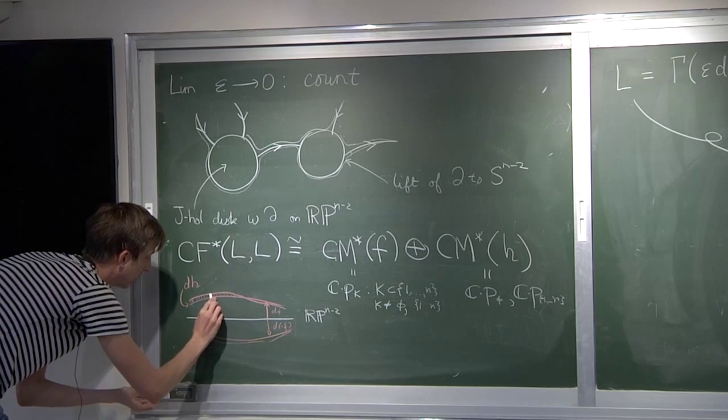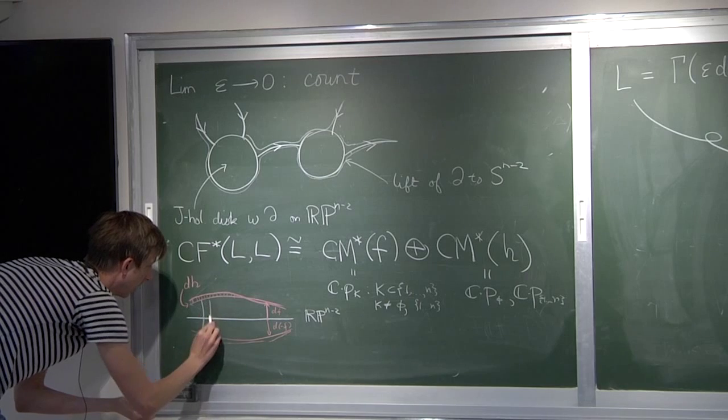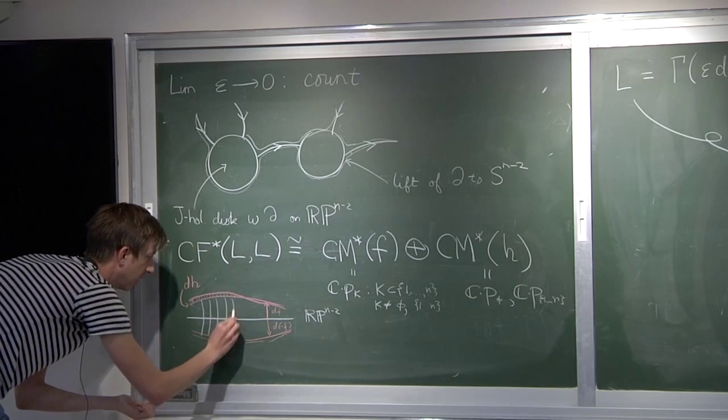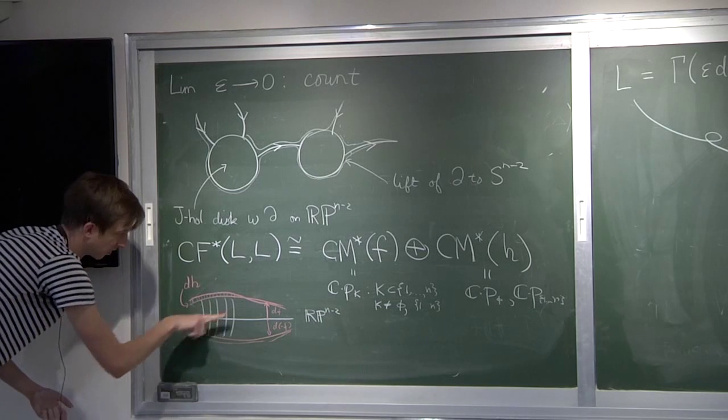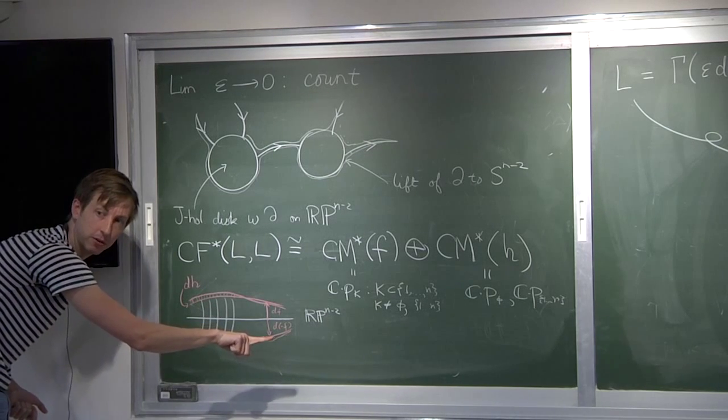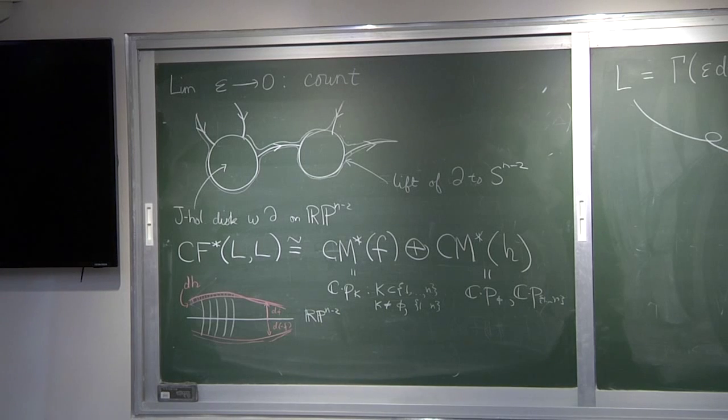Whereas if you have different sheets, you're looking at a very thin holomorphic strip like this, and the difference between them is df. So again, the horizontal direction is grad f.